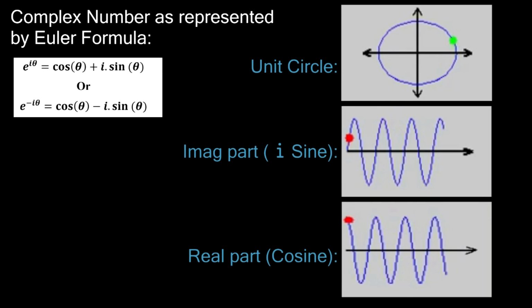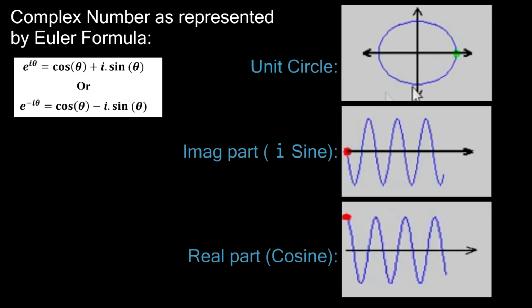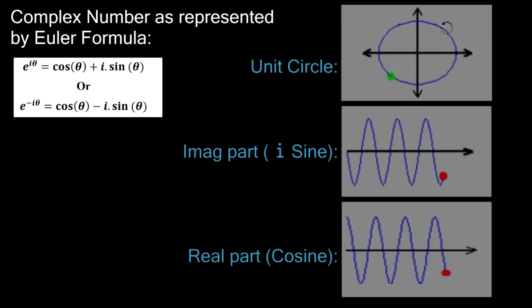Here we have a little animation in which we can see a unit circle and a point rotating on the unit circle in a clockwise and anti-clockwise fashion. If we do a single rotation, you can see that we have a sine wave and a cosine wave.